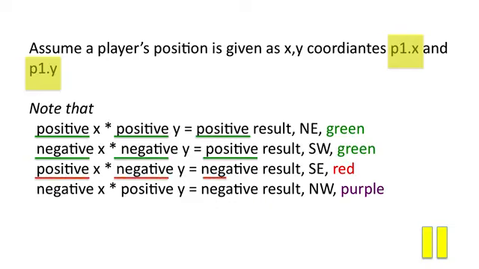Positive x and negative y multiplied together will result in a negative number. This means you're in the southeast or red quadrant. Negative x times positive y, also giving a negative result, shows you are in the northwest or purple quadrant. Try writing the code, keeping all that you've learned today in mind.